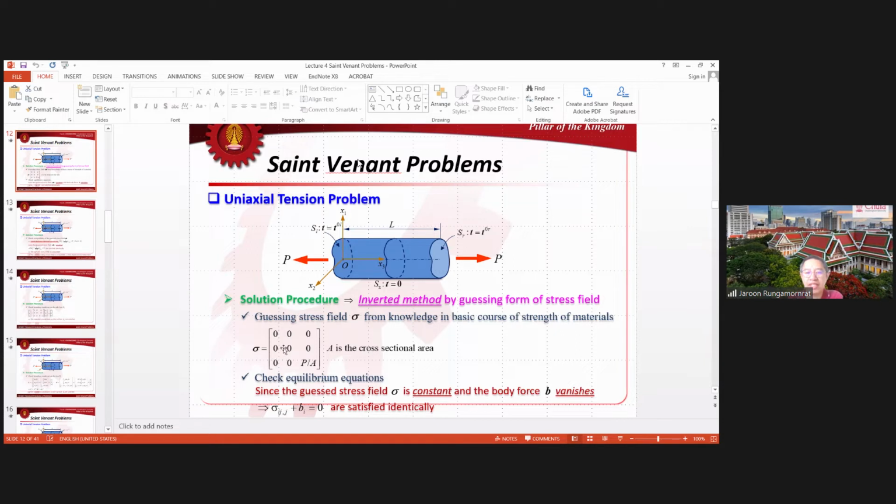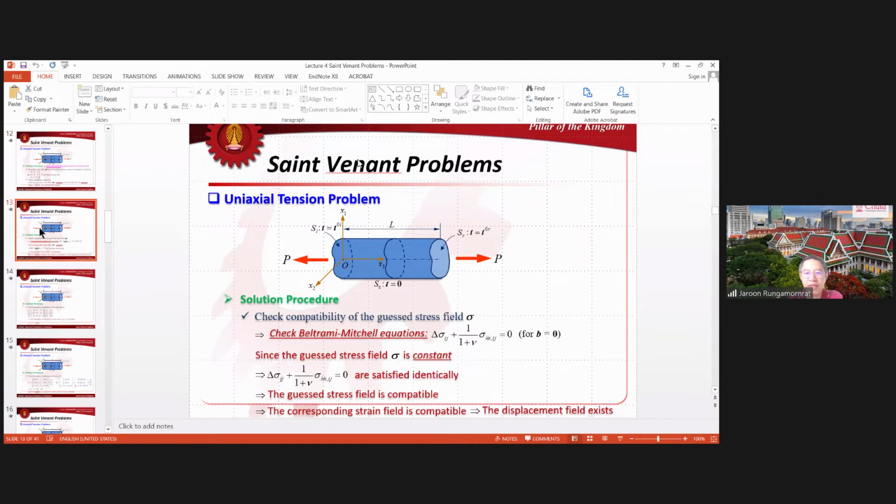Because the stress here is constant and body force disappears. And we also verify the Beltrami-Mitchell equation as well, because for body force field equal to 0, the Beltrami-Mitchell equation simply reduces to this equation, because the stress that we guess is constant.